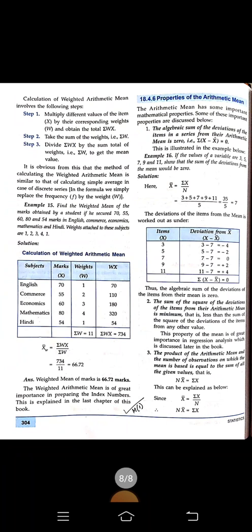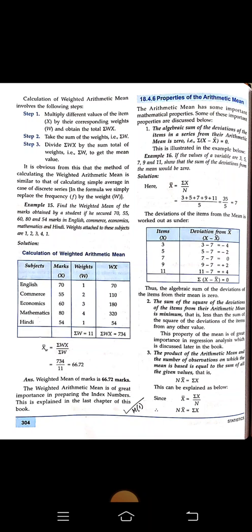How do we calculate this? Find the weighted mean of the marks obtained by the student if he secured, this is a single person, right? If he secured 70, 50, 60, 80 and 54 marks in English, Commerce, Economics, Mathematics and Hindi. Weights attached to the subjects are 1, 2, 3, 4, 5.